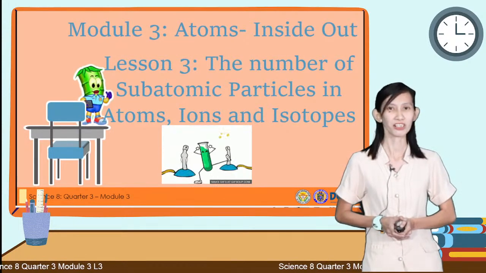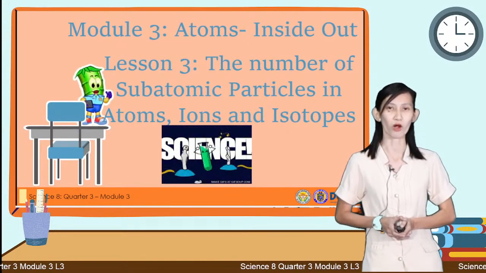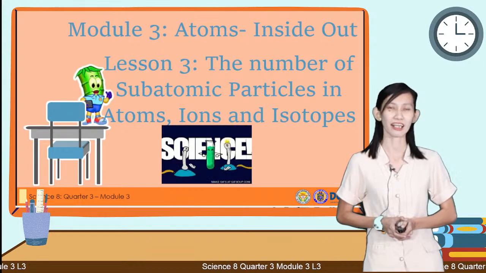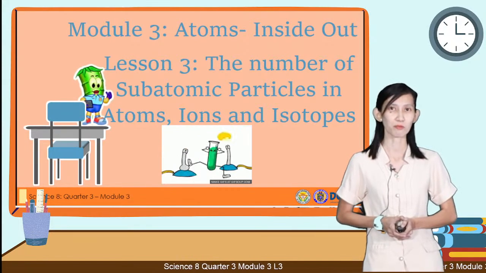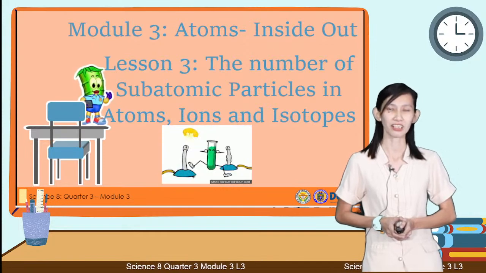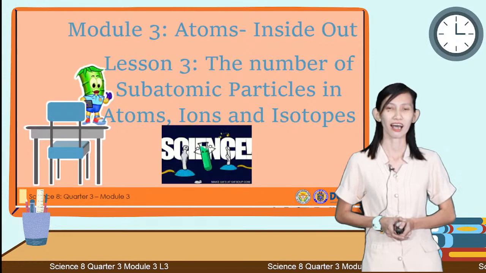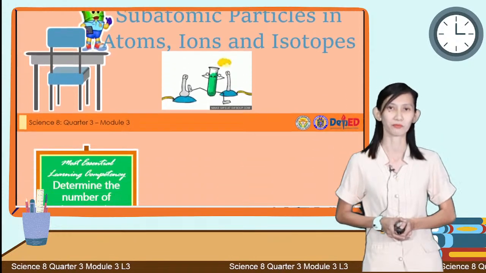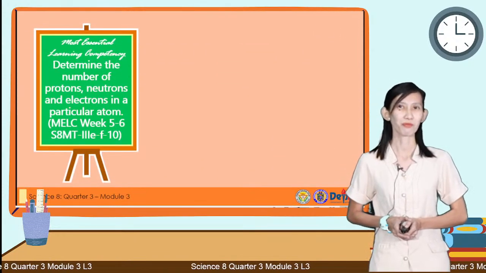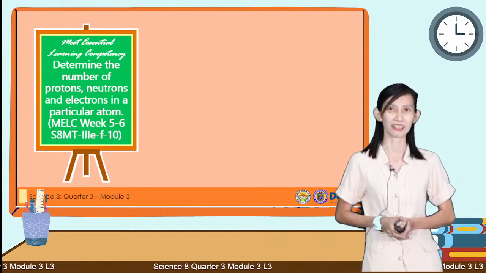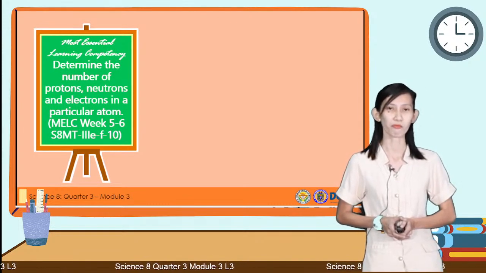For our new lesson in Science 8, Quarter 3, Module 3 is Atoms Inside Out. Specifically, Lesson 3, the number of subatomic particles in atoms, ions, and isotopes. Our most essential learning competency is to determine the number of protons, electrons, and neutrons in a particular atom.